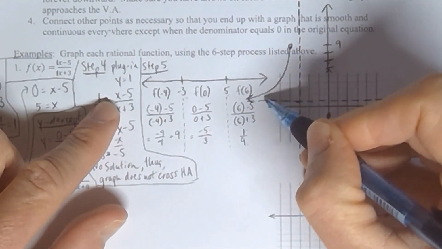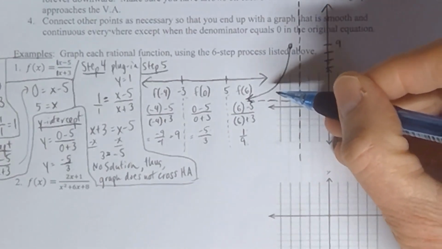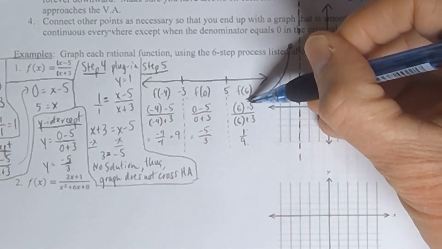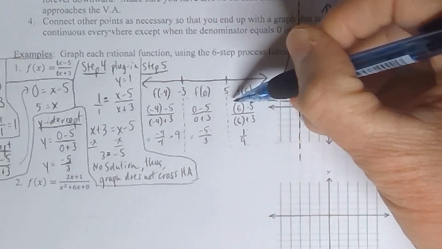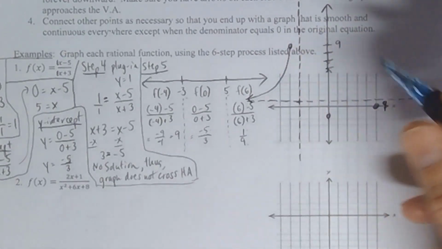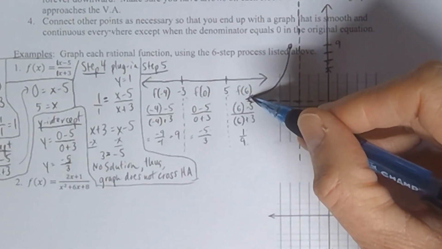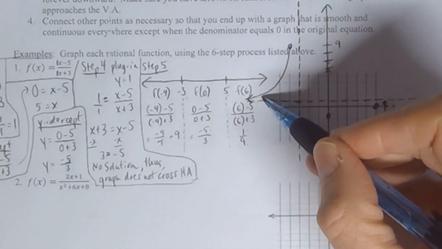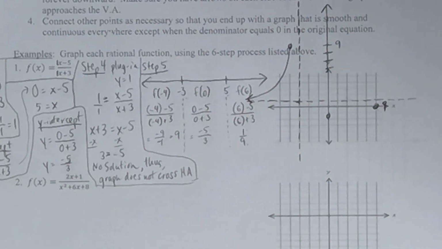So have it get closer and closer to the horizontal asymptote without touching it there. So you see how my arrow is indicating that it's kind of going right along that line. If you do that, I will assume that you are doing it correctly, and you're not trying to state that it's going to touch it. All right, just as long as you get it close like that, you're good enough. But it is not supposed to touch it in this problem.